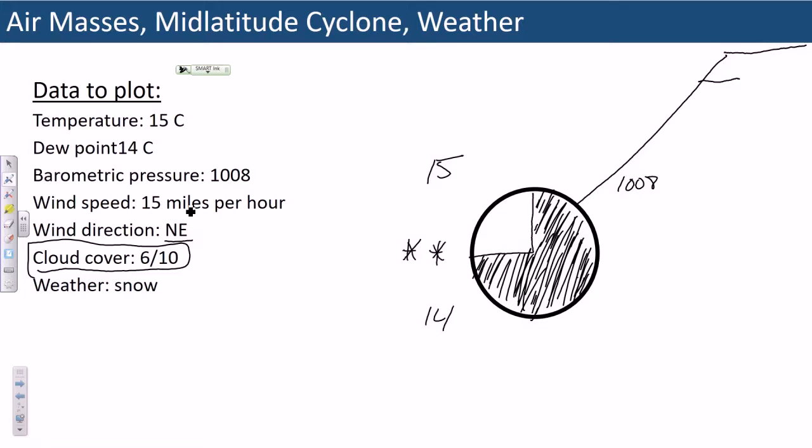Let's see, so I have everything accounted for: temperature, dew point, barometric pressure, wind speed and direction, cloud cover, and weather. Most of that is stuff that you're going to end up plotting on your diagram when we go to talk about weather fronts and evaluate weather fronts. So that's really all you need to get started.